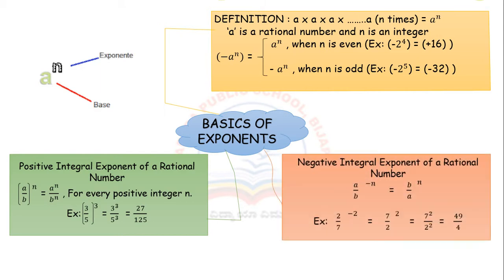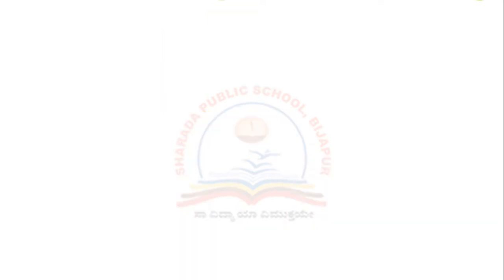Negative integral exponent of a rational number. A by b to the power minus n is equal to b by a to the power n. Example, 2 by 7 to the power minus 2 is equal to 7 by 2 to the power 2, that is equal to 7 square by 2 square, which can be expanded as 49 by 4.